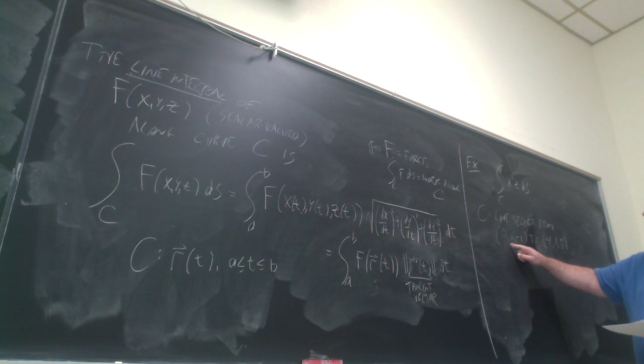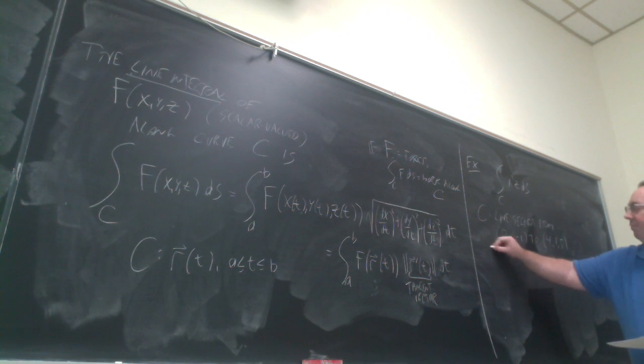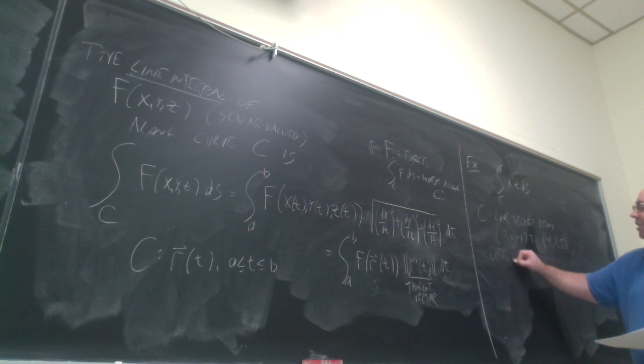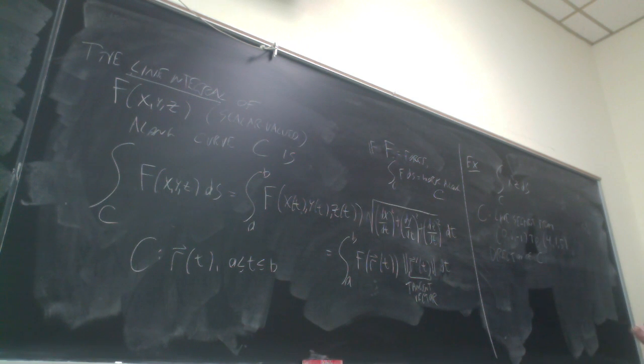So what you can do is get the direction. And since it's only a line segment, the direction along the line segment is going to be constant. It's going to have a constant tangent vector. So what you do is, we'll call this v, you subtract the final minus initial.